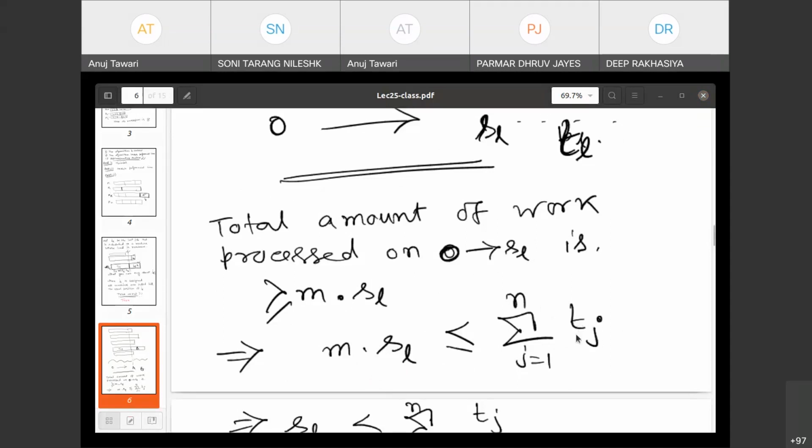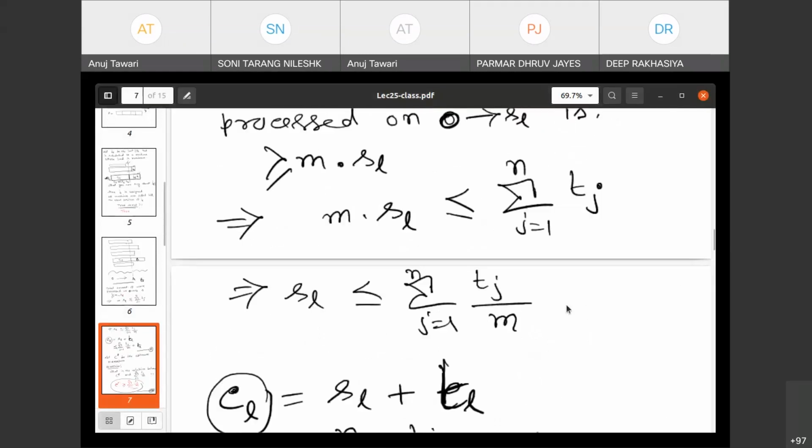So the total number of hours required for all these jobs, that is at least M times SL. So yeah, good. So we have something about SL, the starting time of this job. We have some bound. So SL is at most the summation of Tj divided by M.